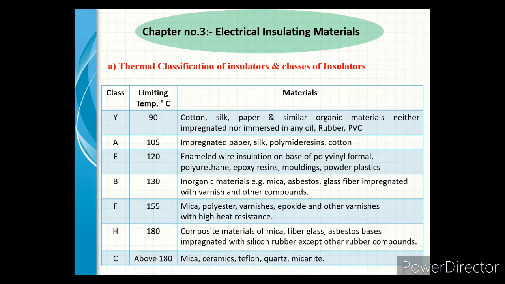Our sixth class is H class, and its limiting temperature range is 180 degrees Celsius. The material included in this class is composite material of mica, fiberglass, asbestos base impregnated with silicon rubber, or other rubber compound.